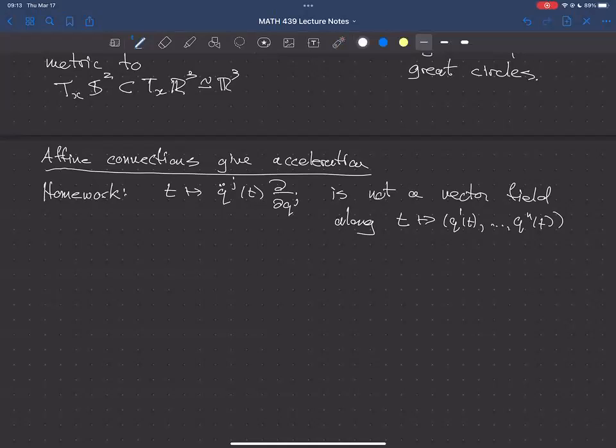Thus this thing does not define acceleration along the curve.